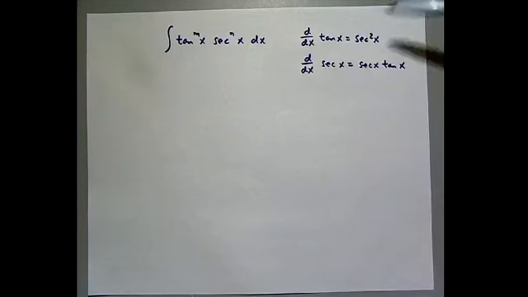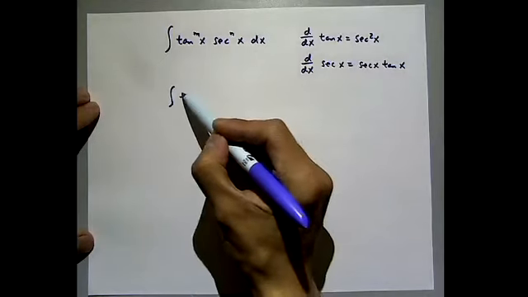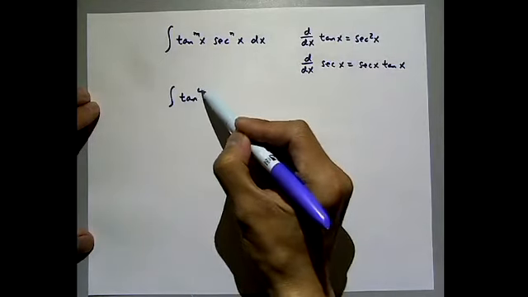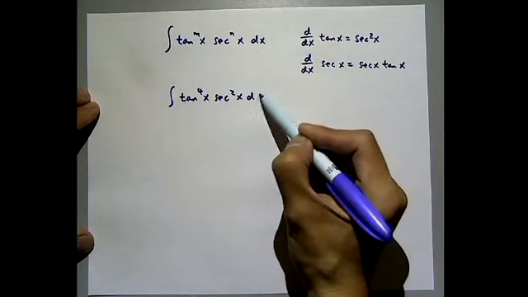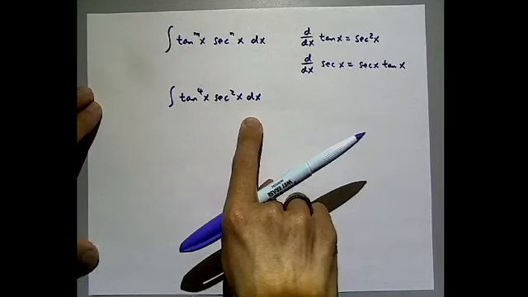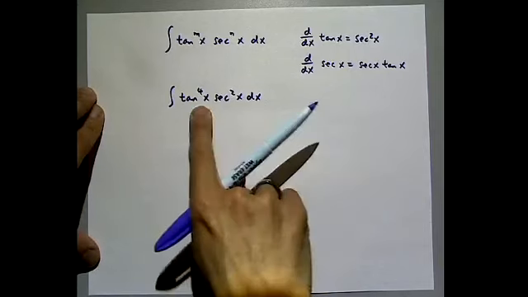If you look at the tangent here, for example, I know the derivative of tangent is secant squared. So if I have tangent to the fourth secant squared, then this is actually pretty easy to do. I let u be tangent.